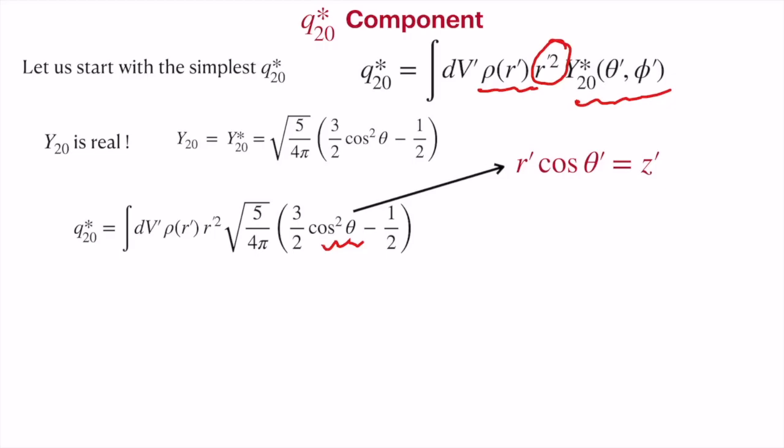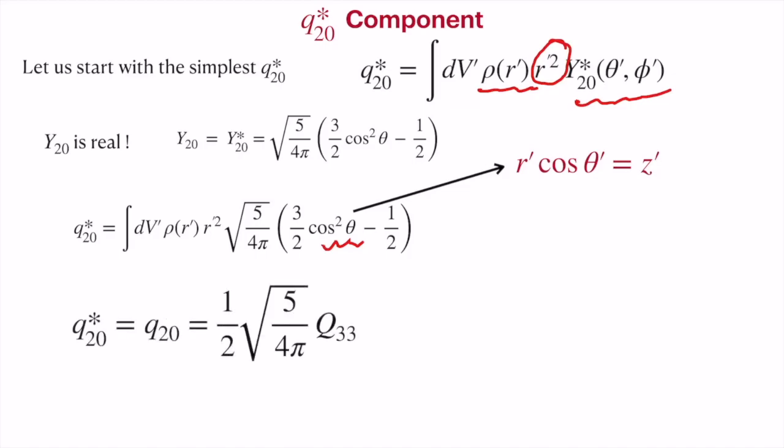So when we plug it into Q2 star 0, we can simply identify the cos square term here as z prime. There should have been a prime here. I am interchangeably not using them, so as to see that these are all the coordinates in the source, with respect to the source where you define the moment. So it is not for the test particle. After simplifying this, we simply get Q2 20 star as Q33, the quadrupole moment.